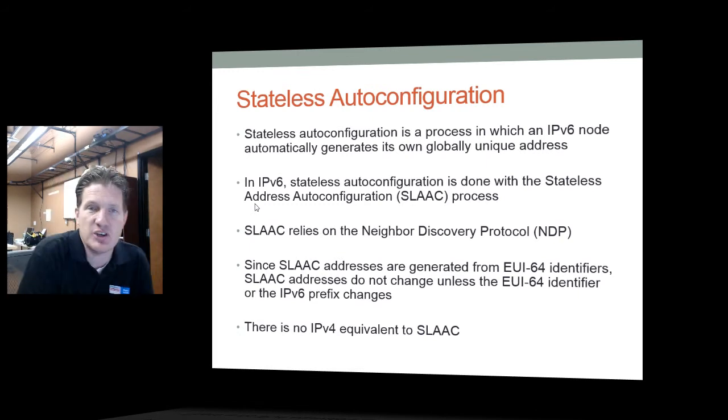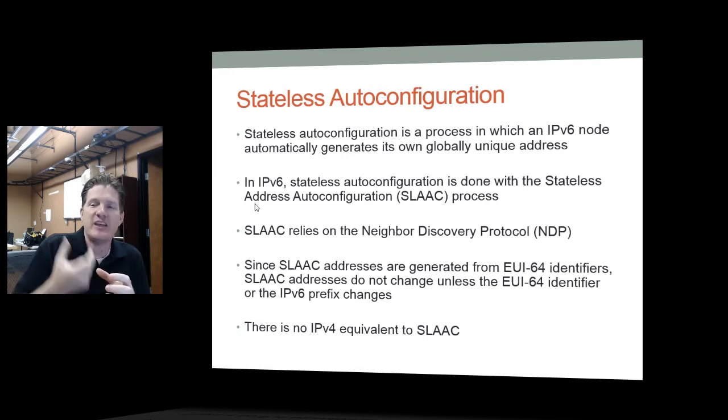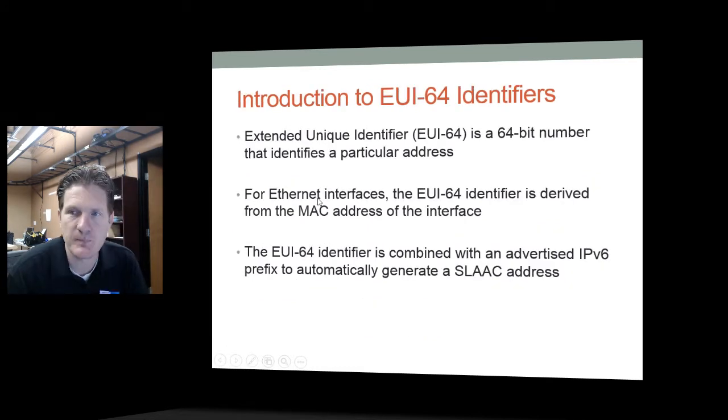There's a process for generating an address like this on your machine. We'll talk about it in a minute. It's not just your MAC address, so we need to talk about it. So basically what happens is your EUI64 number is created by your machine, and then it uses that identifier to assign itself a global unique address. And so this is what the process of SLAAC is.